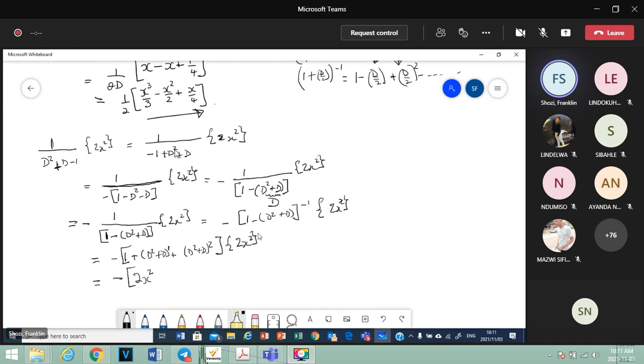Apply again D squared, the second derivative of that. First derivative is 4x. Once more is 4. So that is the second derivative. The first derivative is 4x. But D squared plus D all squared: you square the first term, which is D to the power 4.